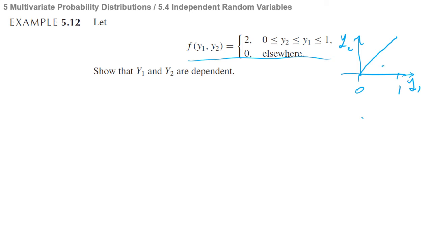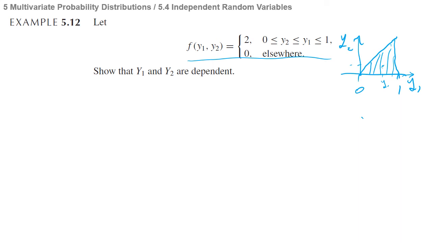So here, this is y1, and this is y2, and y2 is less than or equal to y1. So it is defined on this part.